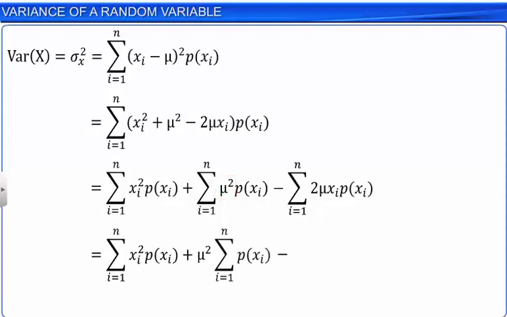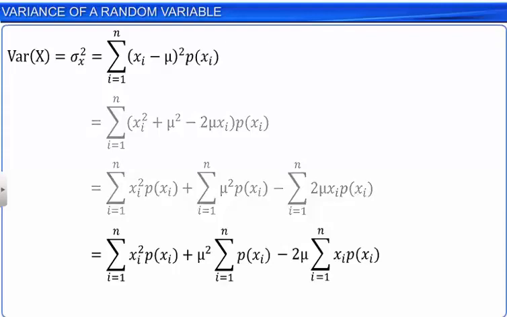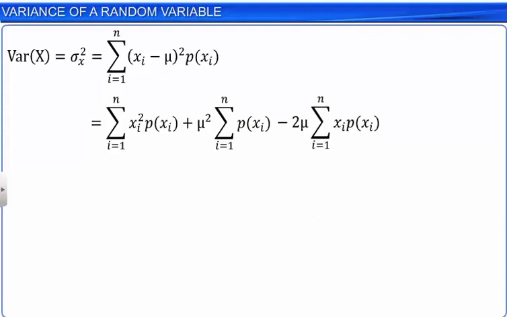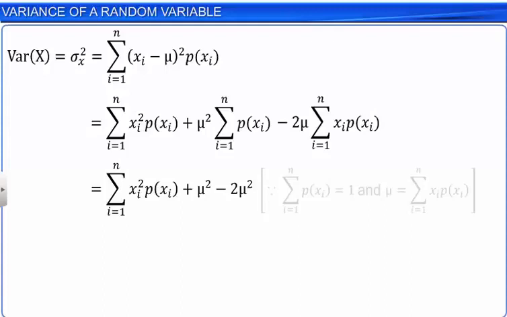We know that the sum of the probabilities in a probability distribution is 1. The mean of a random variable is equal to the sum of the products of the possible values of the variable and the probability of their occurrence. Thus, the expression becomes as shown.